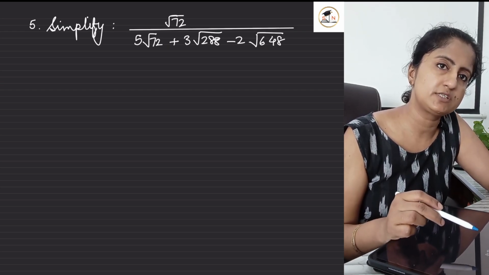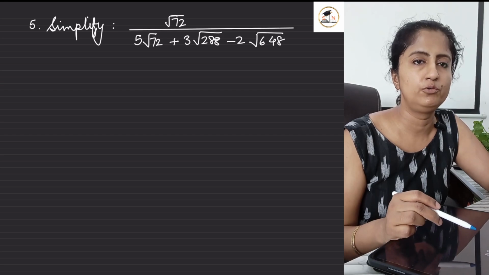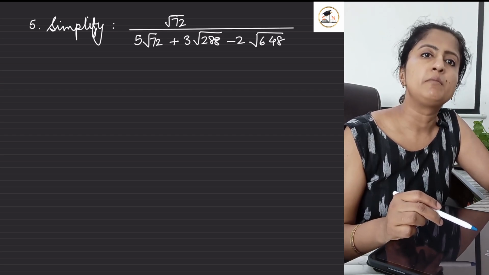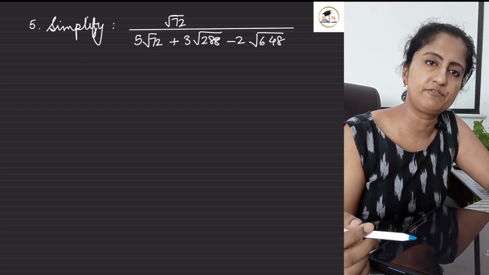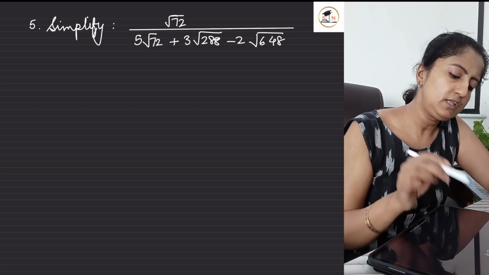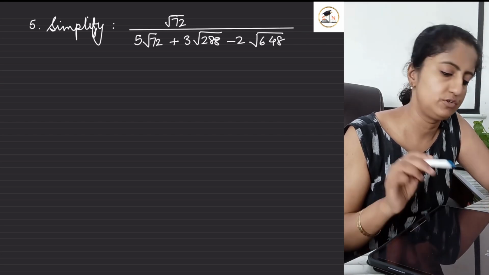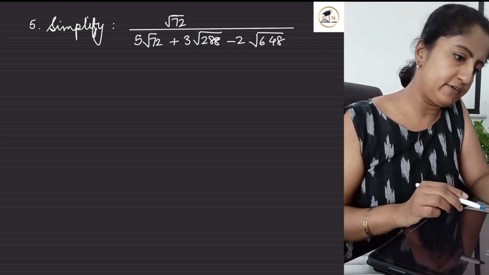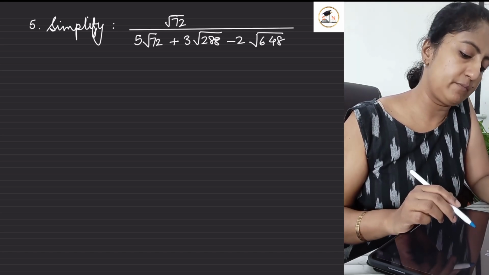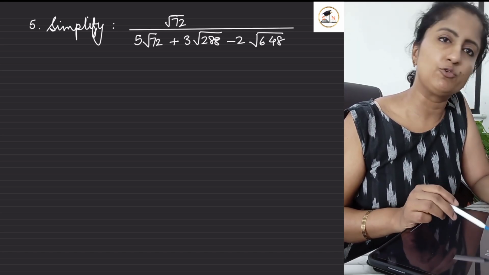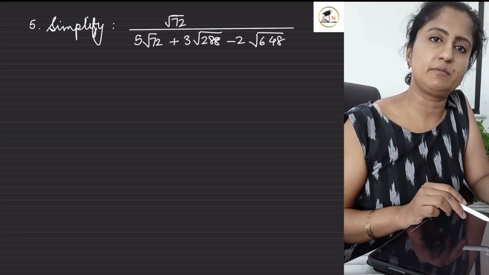In the previous questions, the roots that we were looking at, root 3, root 5, root 2, root 6, were prime numbers, or 6 even is not a prime number, but we cannot break it further. Okay. Now we will learn how to actually simplify the roots also. So first of all, before we get into addition and subtraction in this question, we need to simplify each of the roots. And how do we do that? We are going to prime factorize them.